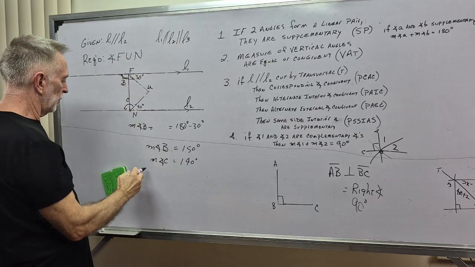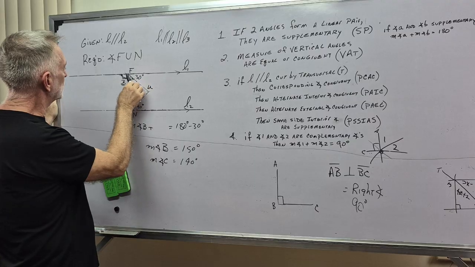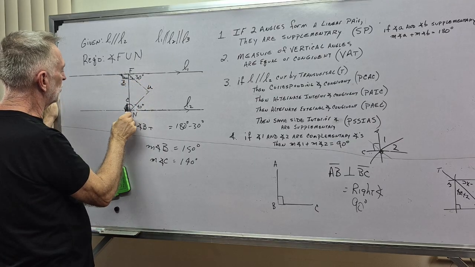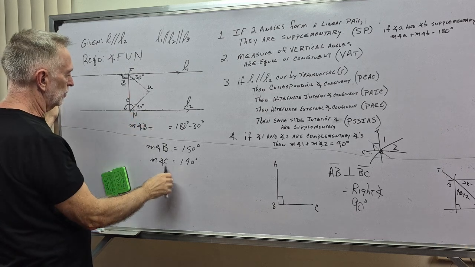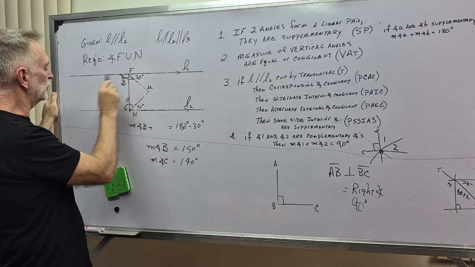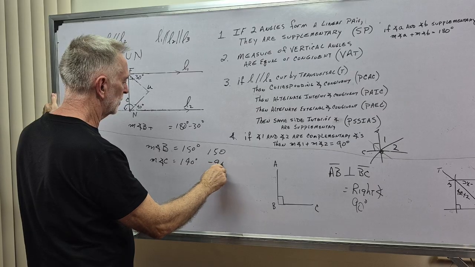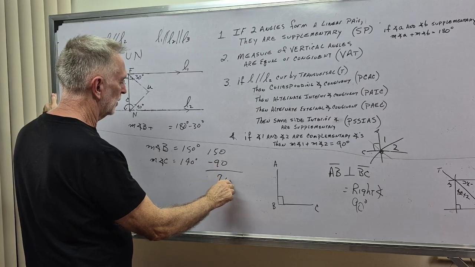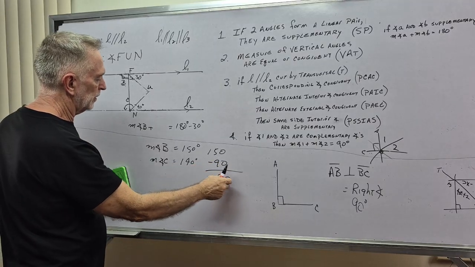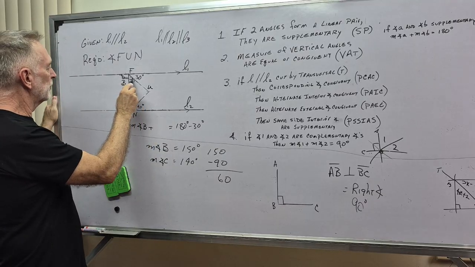So now I have the 150 degrees of angle B from right there to there before I drew the line. So 150 minus the 90 gives me 60 degrees.